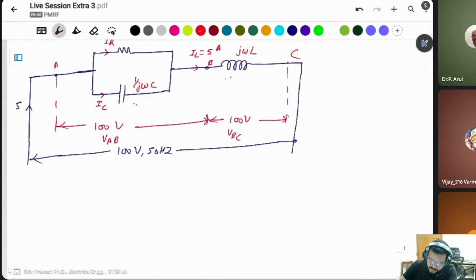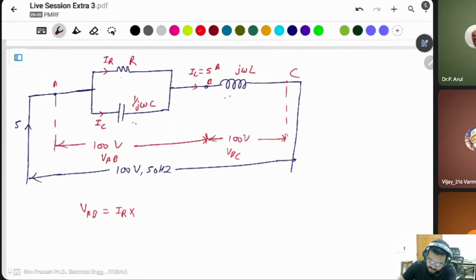You can say VAB, this voltage, is also the same as IR into the resistance.